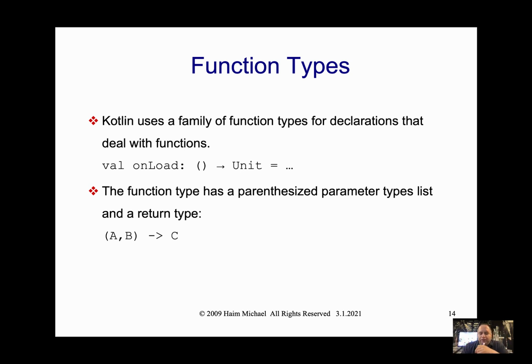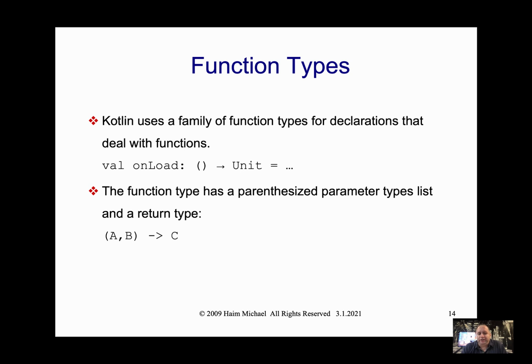Take a look at this code, for instance. Over here, we have a variable, its name is onLoad. This is its type. And you can see by this specific text that it is a function type, where every function that matches this type is a function that doesn't have parameters and doesn't return anything, or let's say returns a value of the type Unit, which is nothing.